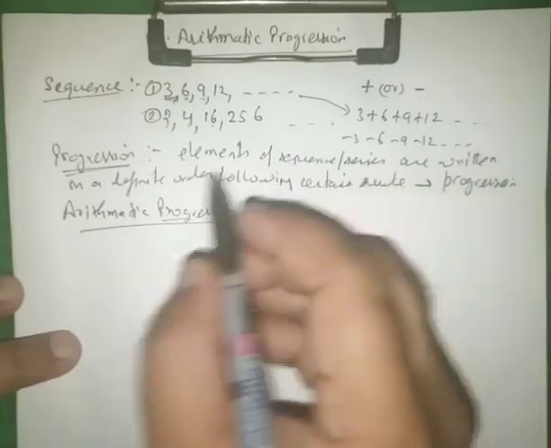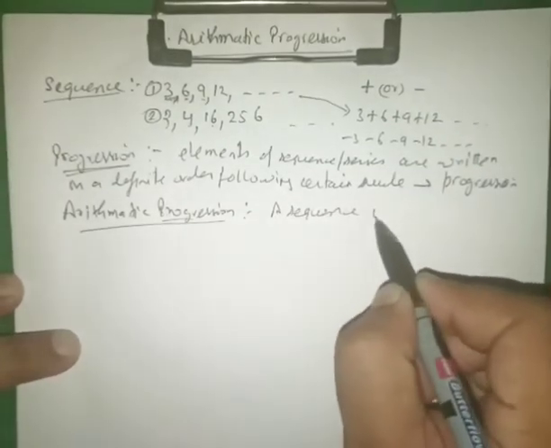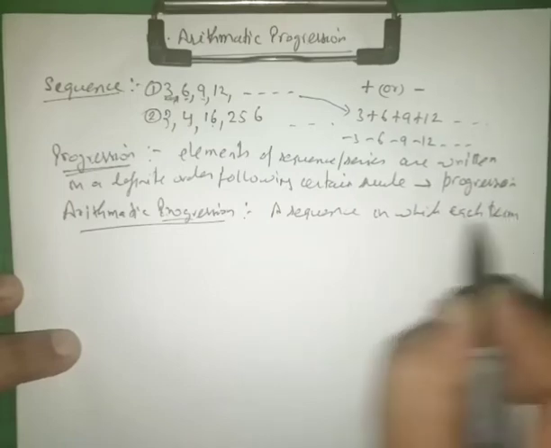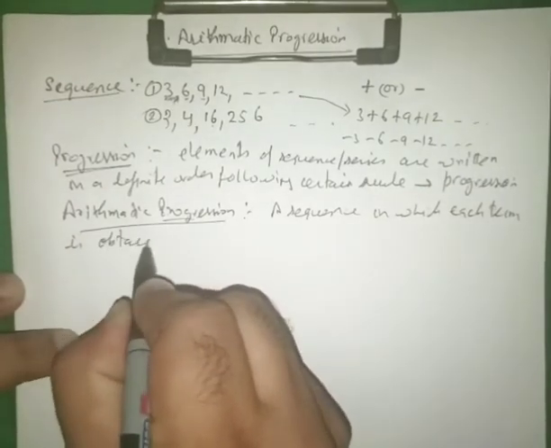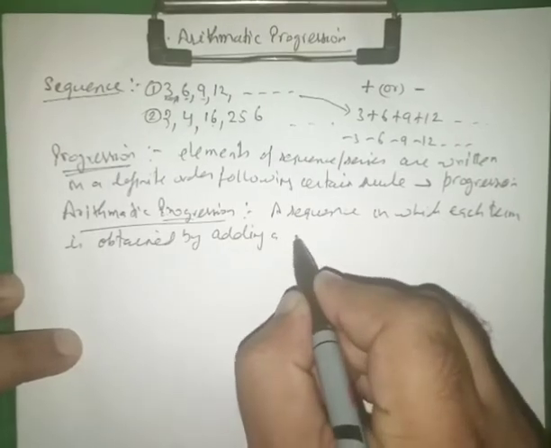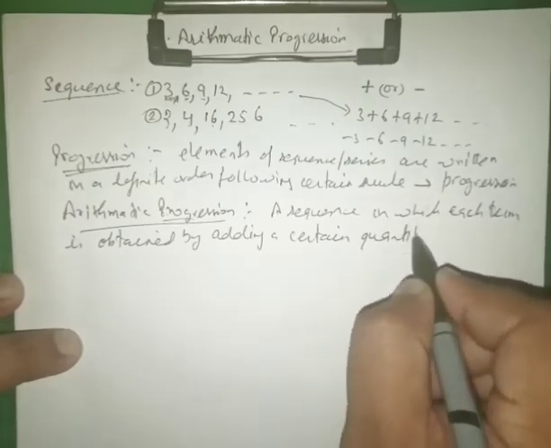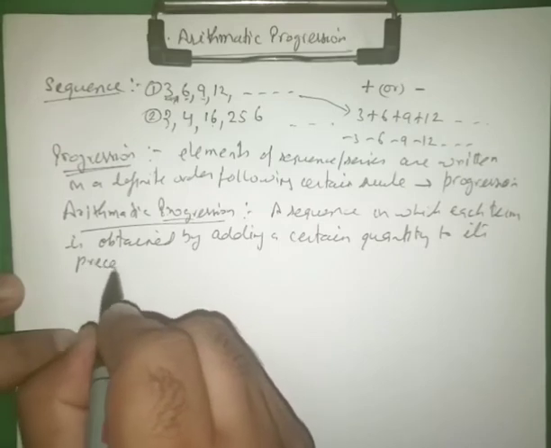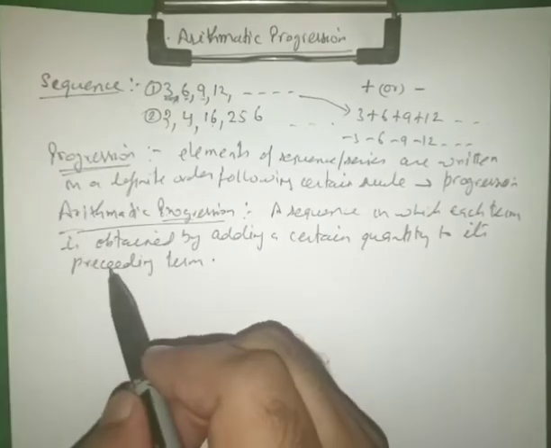So a sequence in which each term is obtained by adding a certain quantity to its preceding term, then that is called the arithmetic progression.